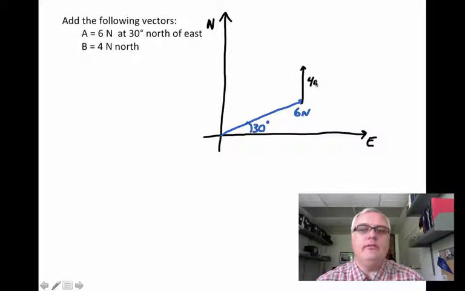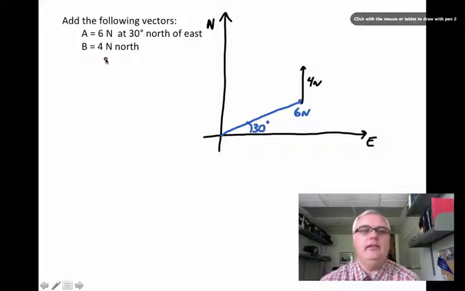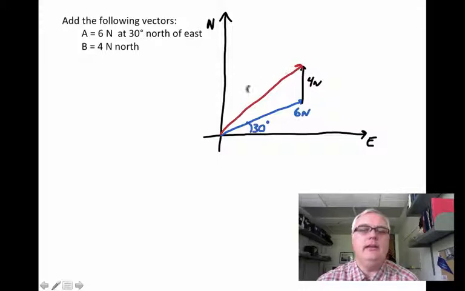And that's 4 newtons. And that gives me the sum of those two vectors, vector A plus B. And again, it's this vector drawn from the tail of A to the head of B. So this is my resultant, A plus B.